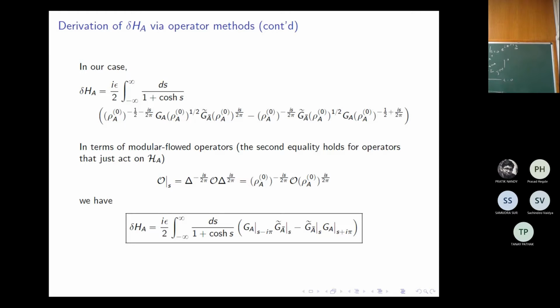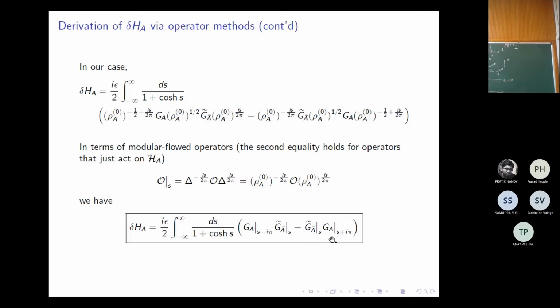H0 is my double-sided full modular Hamiltonian. And then in terms of this S, you can simplify this Sarojugajin formula and basically it takes this form.